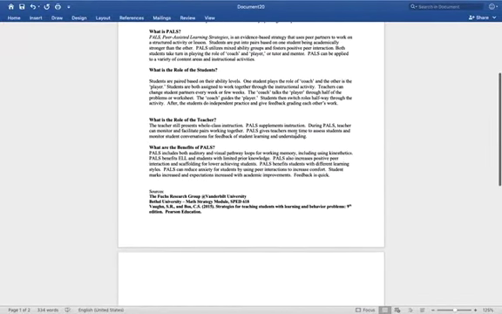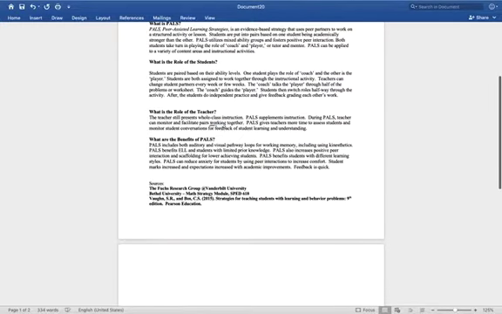The role of the teacher is that this allows the teacher to monitor and facilitate the pairs that are working, so you can get assessment and feedback as you're walking around and monitoring student learning.